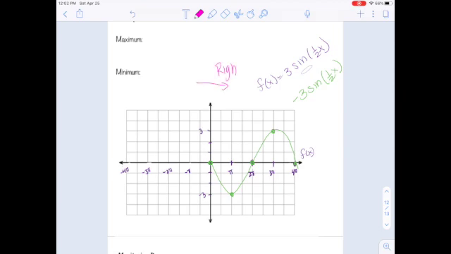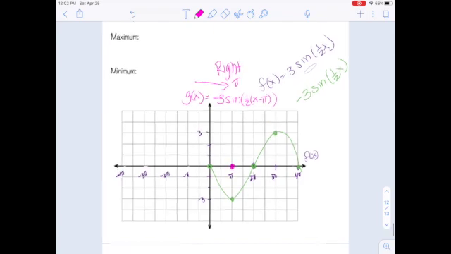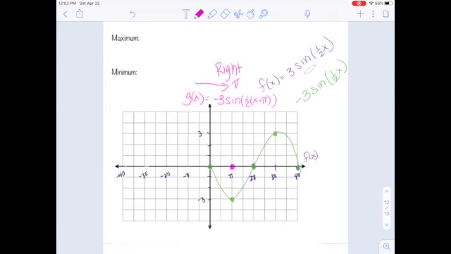So take everything to the right pi. So that would be the function, our done function g of x is equal to negative 3 sine of 1/2 of x minus pi. All right, so right pi, everything goes right.